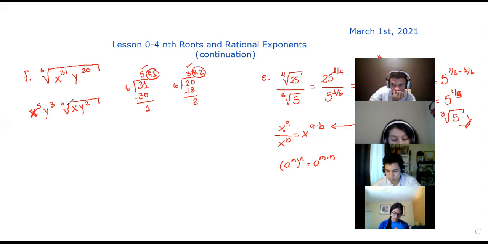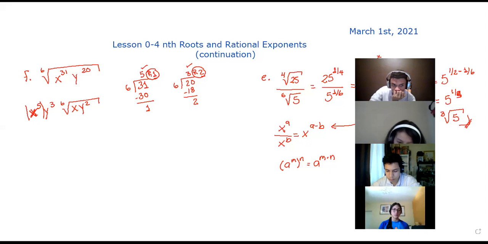Now, again, pay attention. The index here is 6. It's an even number. But the answer that you got is an odd number.